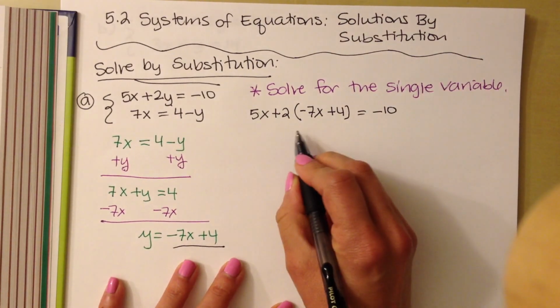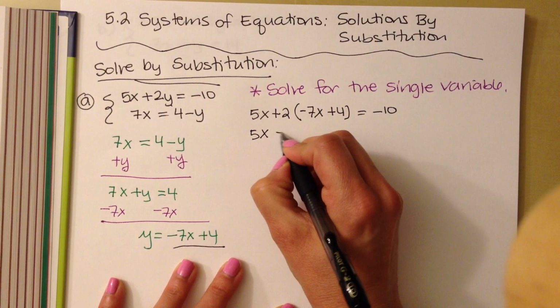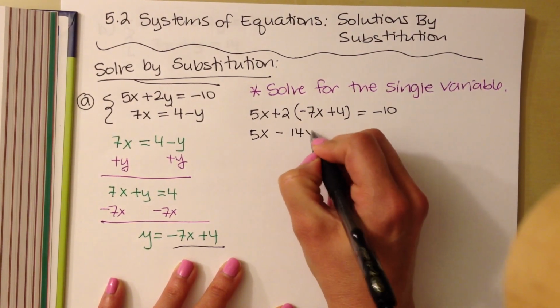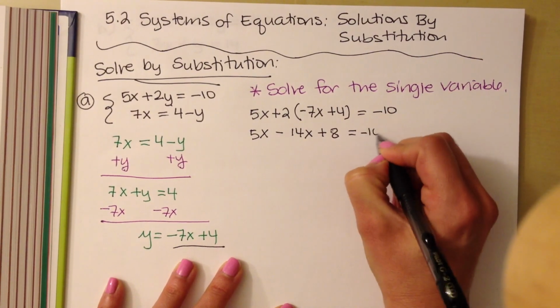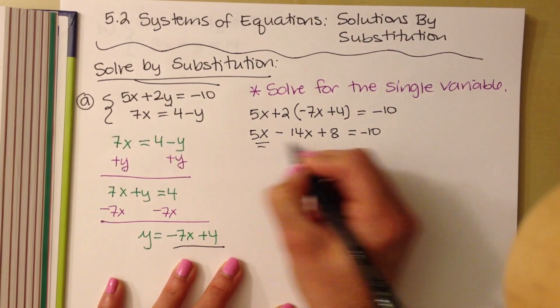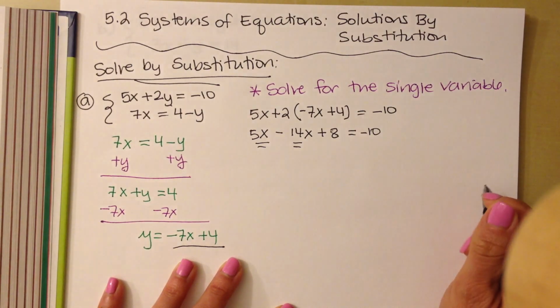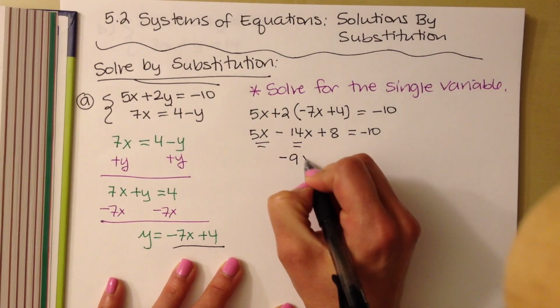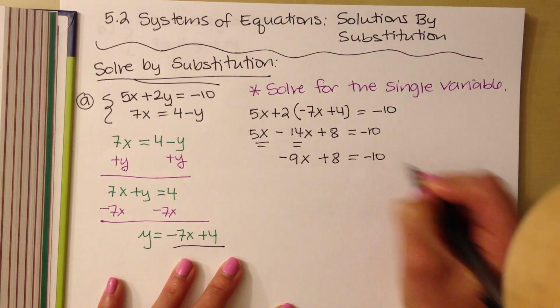And of course, now distribute the 2. 5x minus 14x plus 8 is equal to negative 10. Combine like terms, which gives us a negative 9x plus 8 equal to negative 10.